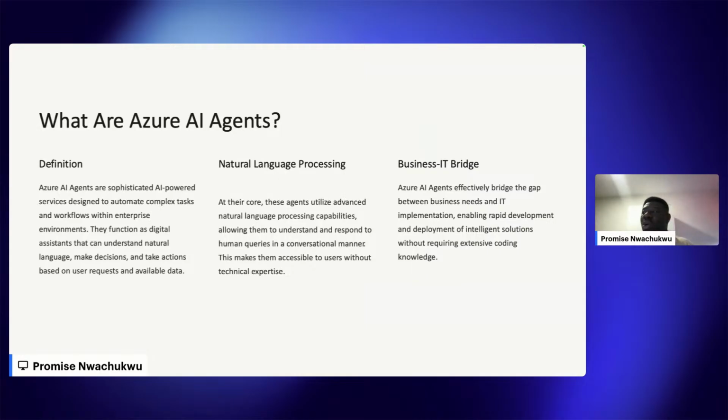At the core of all of these agentic services is natural language processing, their ability to understand and also give outputs that the normal human being can understand.